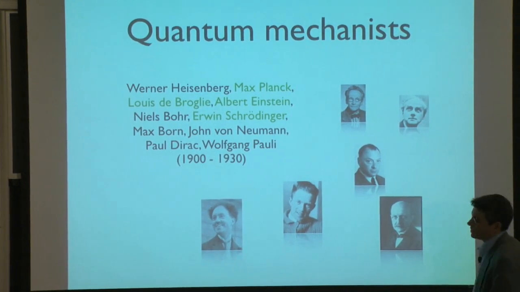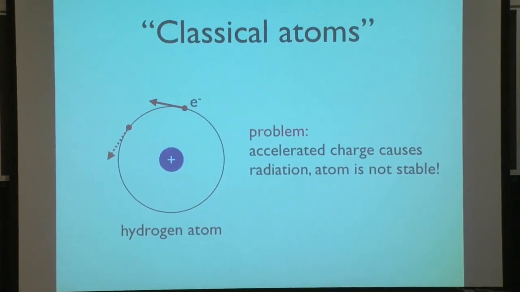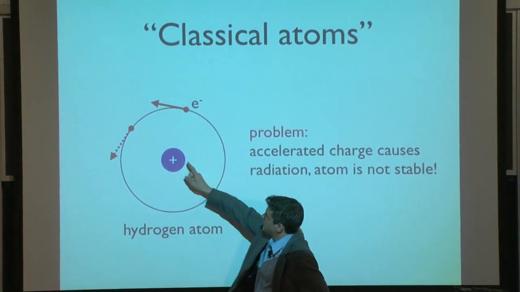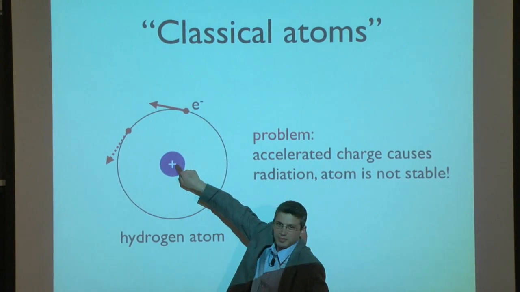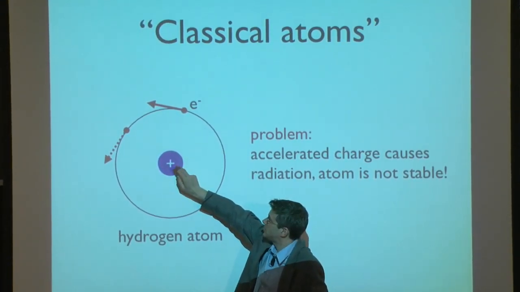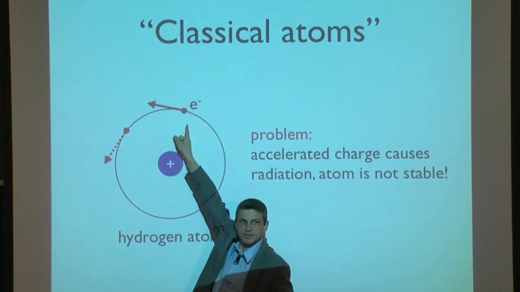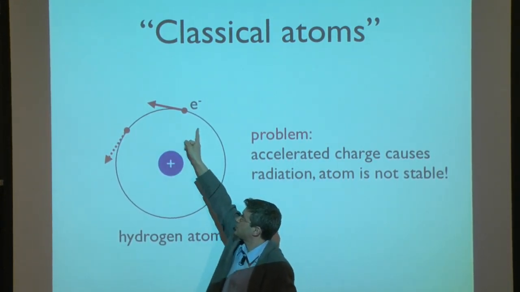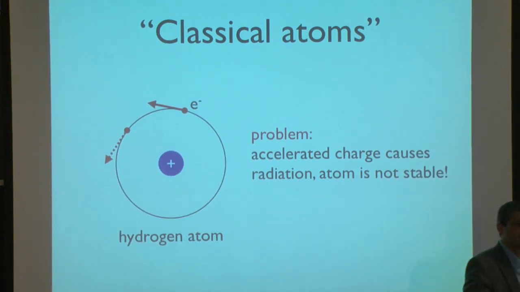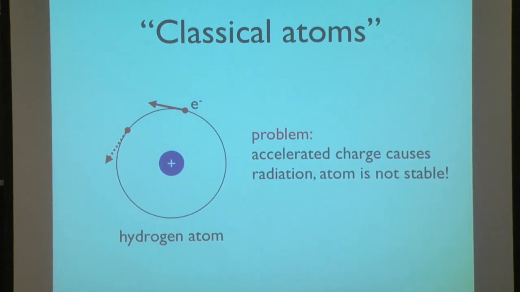What's going on? In the classical atom, the problem is that if you think about a hydrogen atom as a plus charge surrounded by a negative charge, the nucleus, the proton, and there's the electron, and it's orbiting, then it has to be accelerating. And we know that an accelerating charge is going to give off energy in the form of radiation, right?